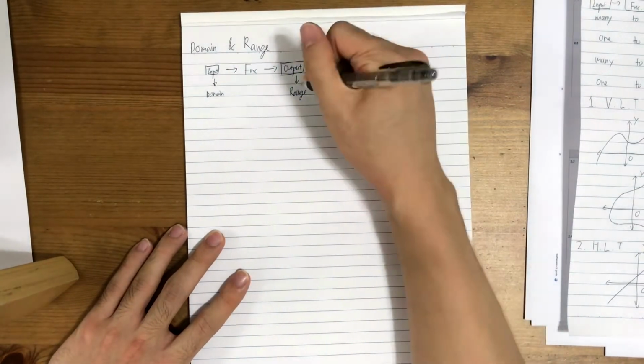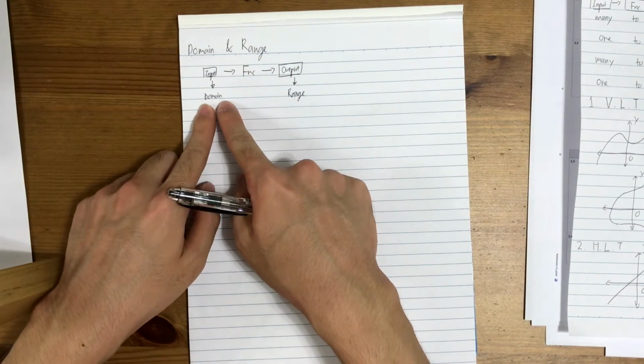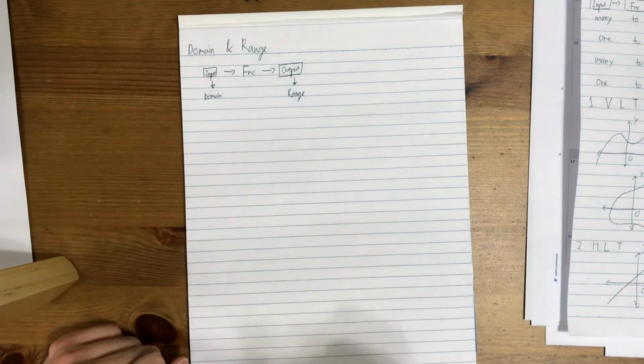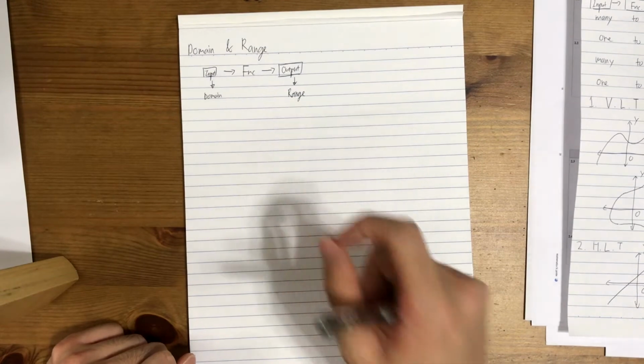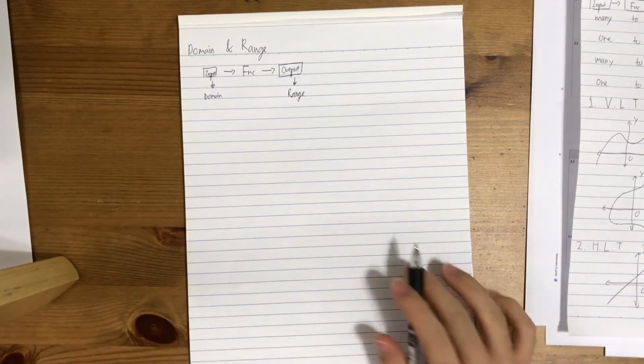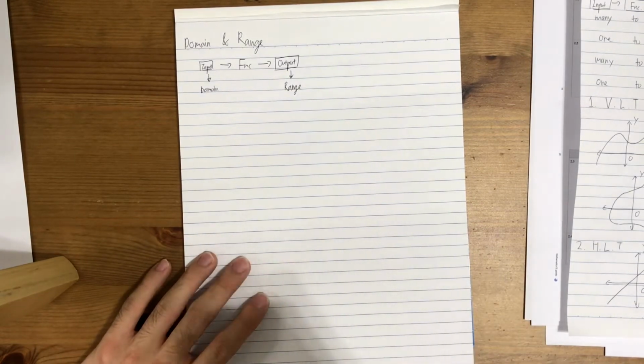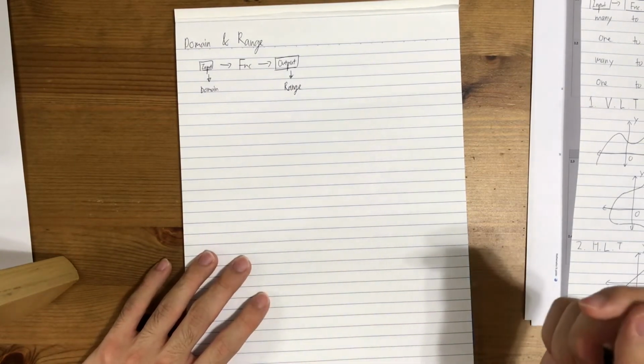If you have seen these words already, domain refers to all possible values for x, and range refers to all possible values for y. So we're going to investigate the domain and range of different functions that we've learned so far.